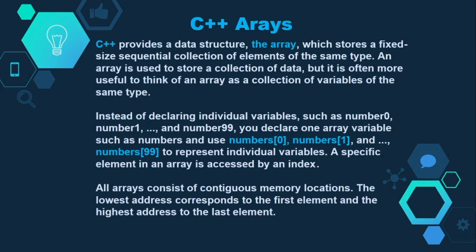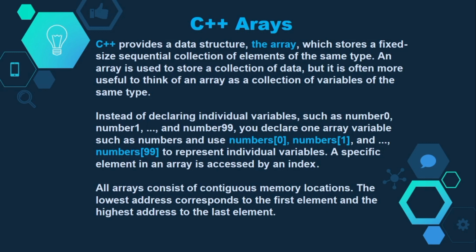C++ provides a data structure, the array, which stores a fixed-size sequential collection of elements of the same type. An array is used to store a collection of data, but it is often more useful to think of an array as a collection of variables of the same type.